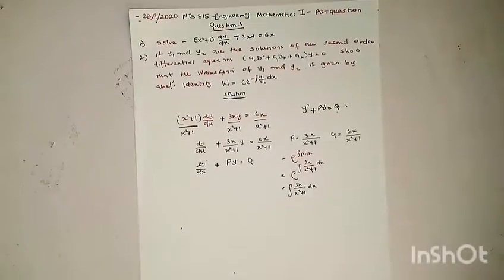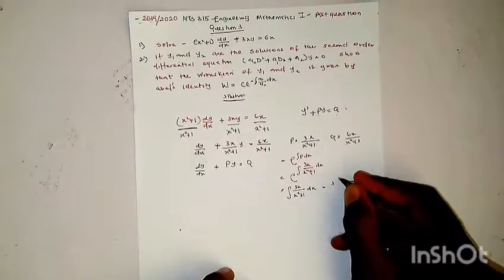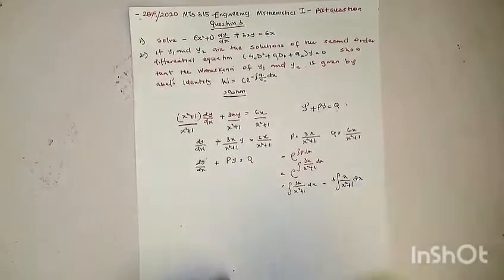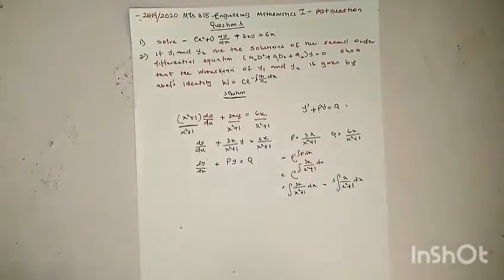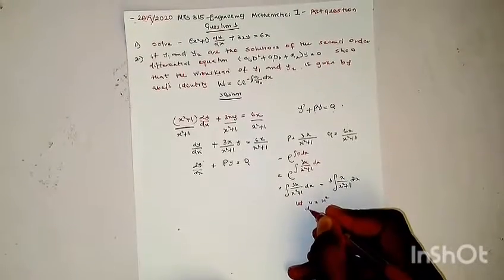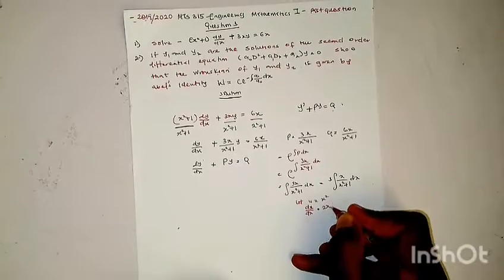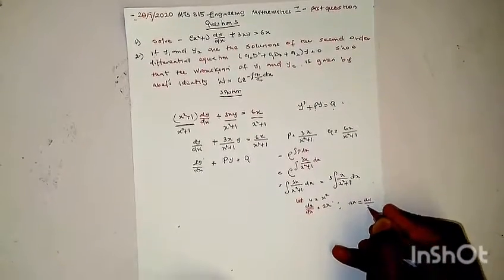Taking my constant to the front of my integral sign, this is 3 integral x over x squared plus 1 dx. Now let's assume u is equal to x squared. Take u equal to x squared, then the derivative du dx will give me 2x. So making dx the subject of the formula, my dx is equal to du over 2x.